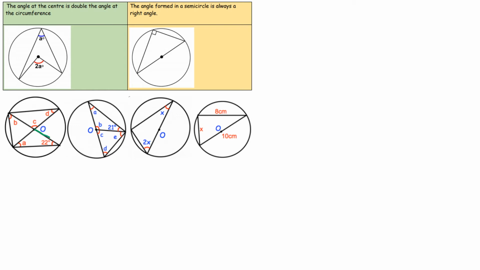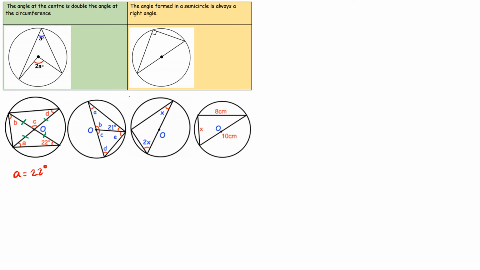Okay, so the first one is going to be about isosceles triangles, because you've got practically 4 of them here. Yeah, you've got 3, haven't you? Because we've got the same lengths here, and here, and here, and here, because they're all radiuses. So we can start fairly simply by saying A is 22 degrees.